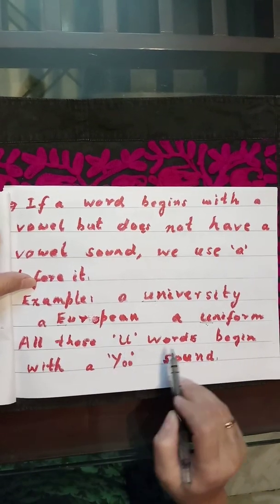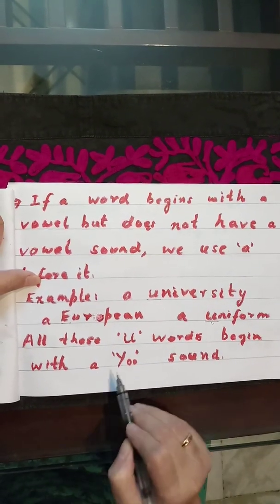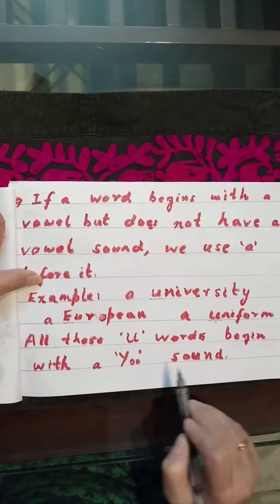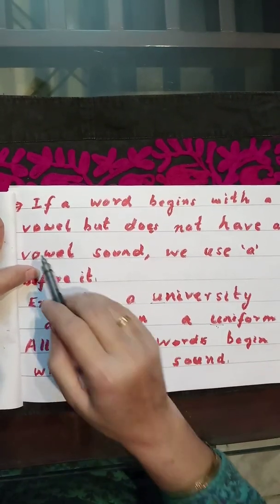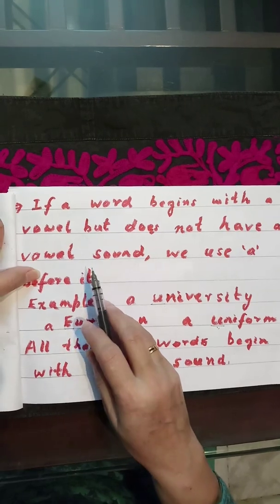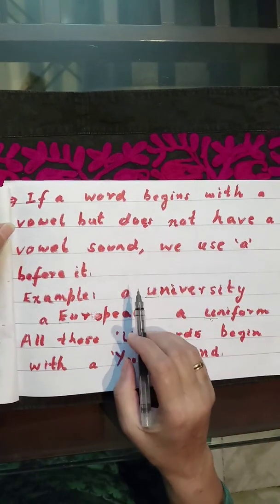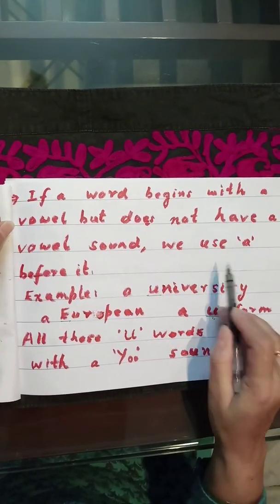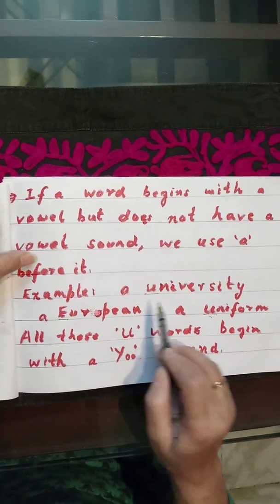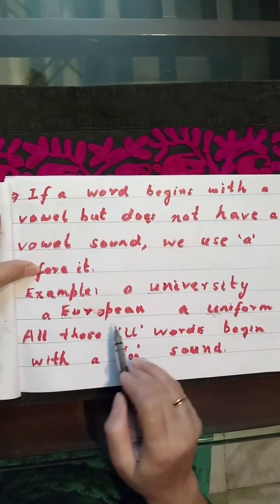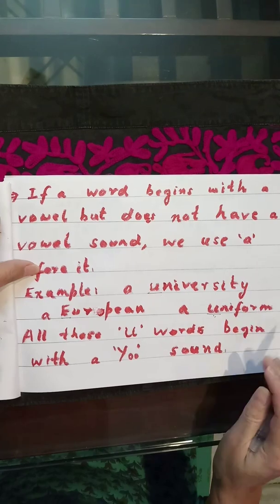But all these words begin with a Y-O-O-U sound. So, if a word begins with a vowel but does not have a vowel sound, we again use a before it. Like a university, a European, a uniform.